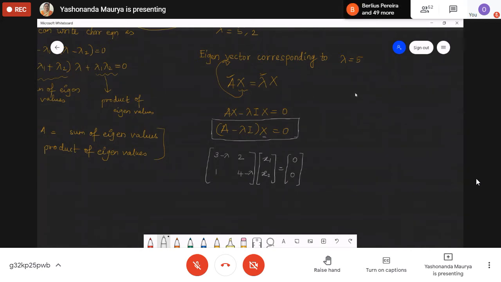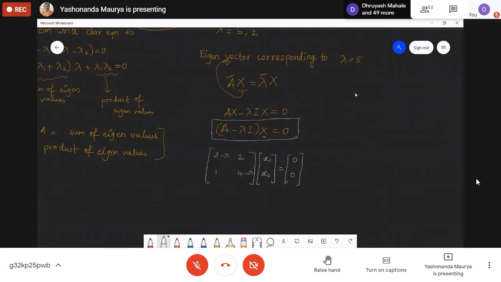What we are trying to find is the value of x which will satisfy this equation. It's a system of equations which we are trying to solve, and it's a special system, a homogeneous system.